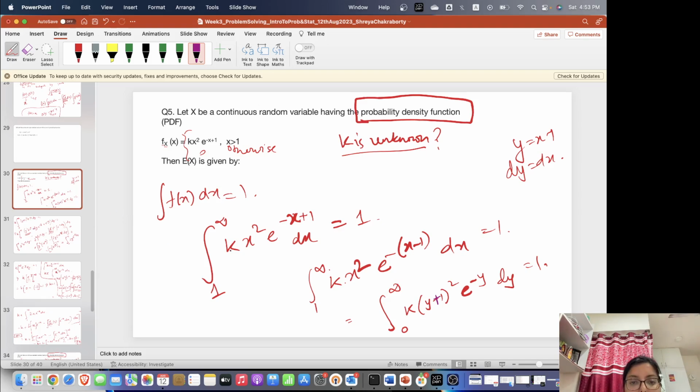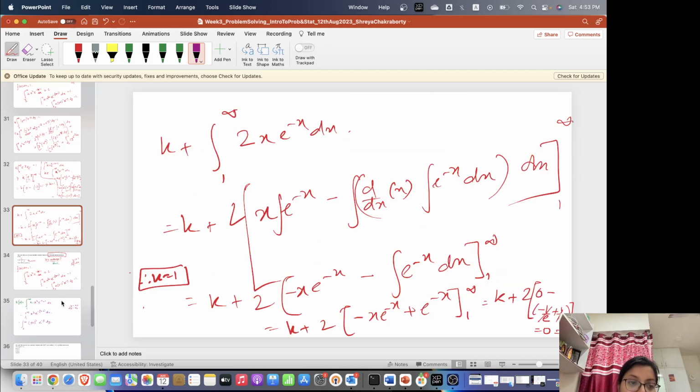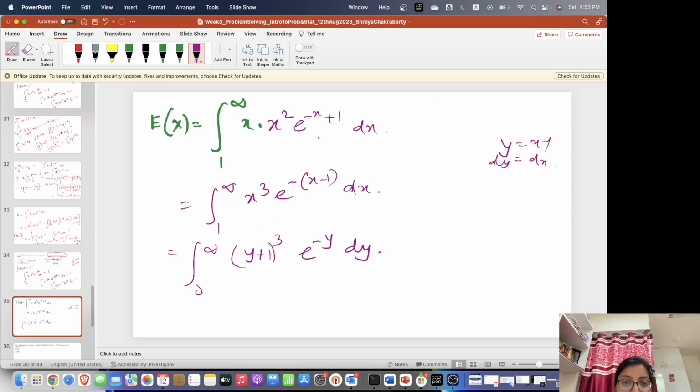Okay, but the main point is that we have to first find out k, and after k is sorted out, maybe it will come 1 only, because the other method also we tried, it came out to be 1. So then we have to find out how to proceed with the expectation thingy. So then here again we have to break it up. a cube plus b cube, y cube plus 3y square plus 3y plus 1 e to the power minus y dy, and then whatever we get the value, that is the answer.